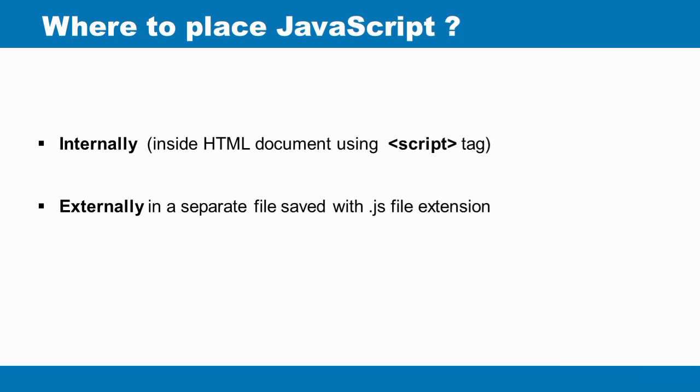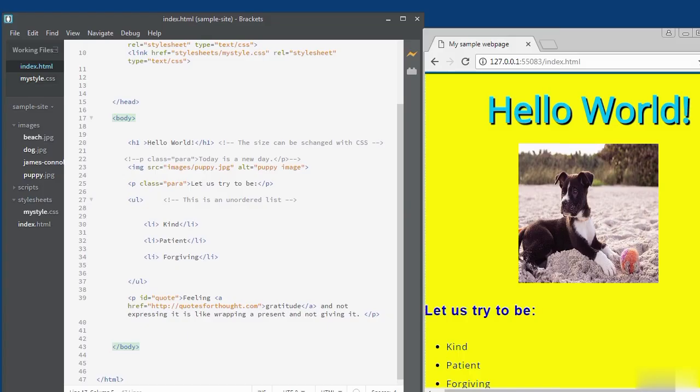So let me show you an example of how both work. You can use JavaScript to change the content of an HTML document. So what I'm going to do is change the text here for the heading using JavaScript. Just before the closing body tag, I'm going to add a script tag.